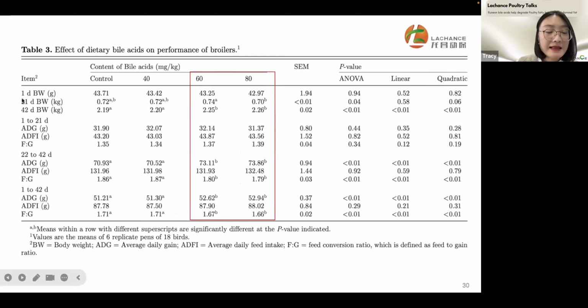You can see that this is the body weight of chicks. They were around 42 gram to 43 gram.